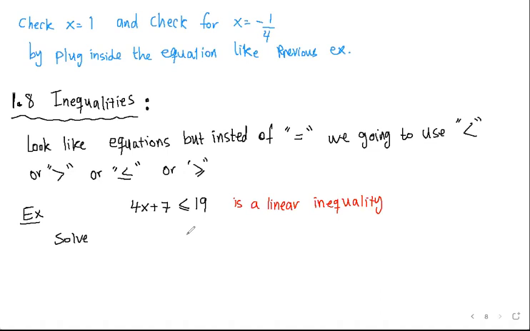To solve this inequality, I'm going to make a table for 4x plus 7 less than or equal 19. I'm going to choose the variable x, then plug it inside this inequality and check whether it is right or not.